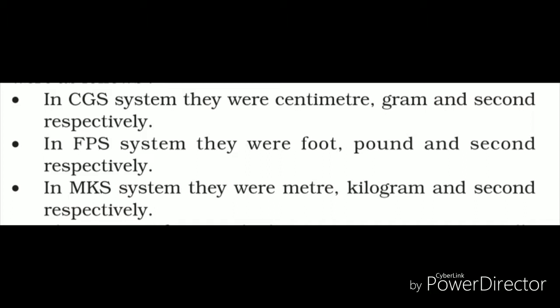And the MKS system, which we now accept and use, means meter, kilogram, second. Our SI unit system is made from this MKS system, and it is the most accepted system all over the world.